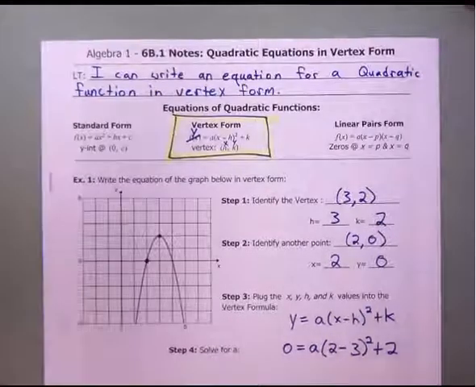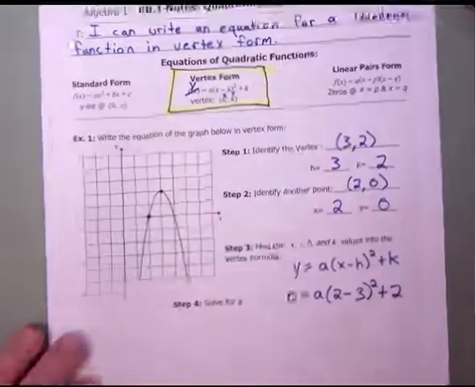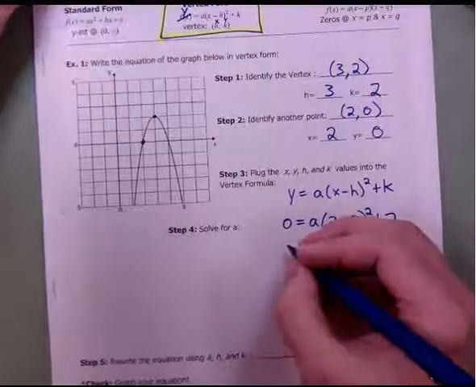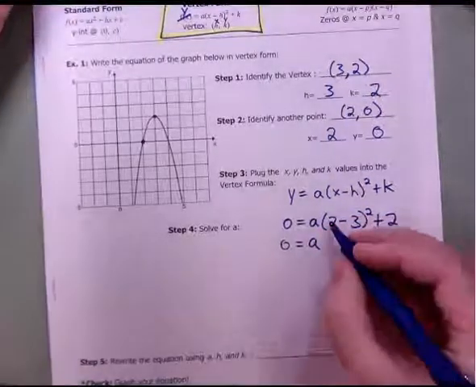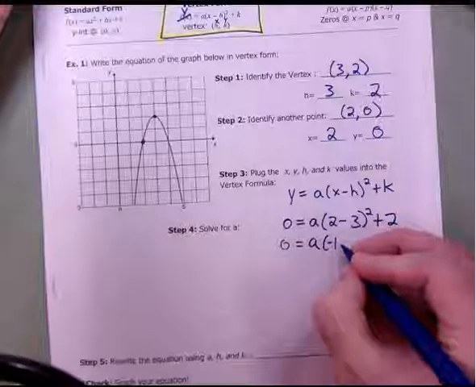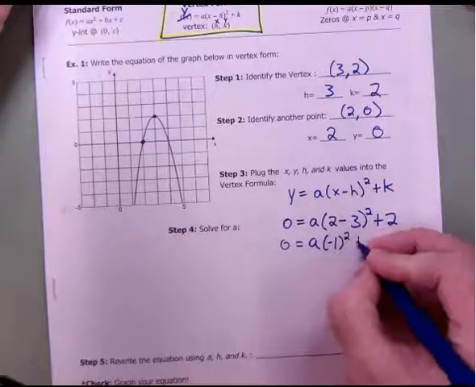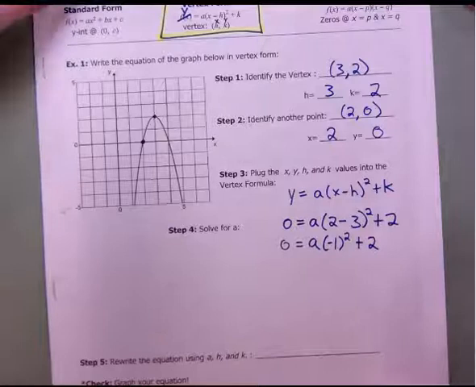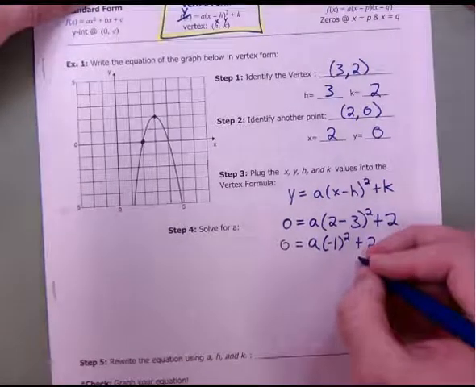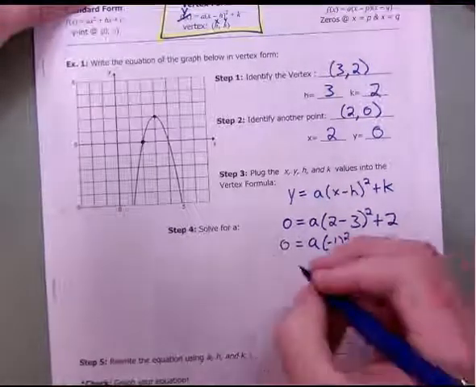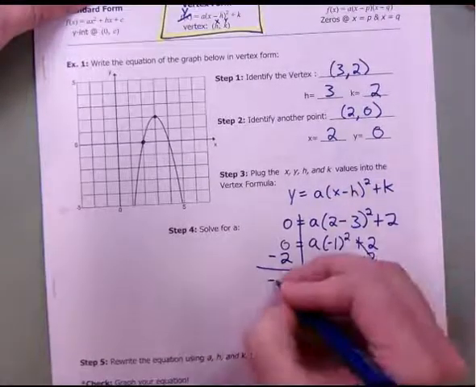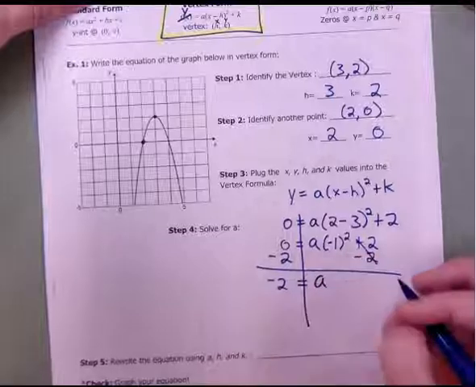Alright, so the first time I go through it, I'm going to go ahead and solve it by hand. So 0 equals a. 2 minus 3 gives us negative 1, squared, plus 2. Right. Next, I'm going to go ahead and subtract over the 2, which is going to leave me with negative 2 equals a.